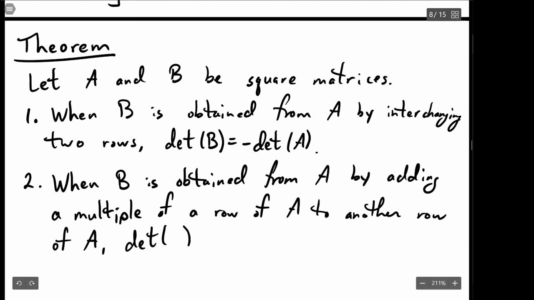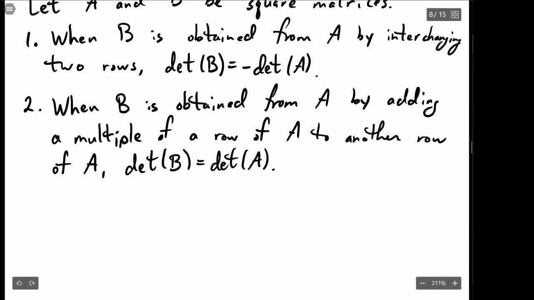Oops. And to write, determinant of B is determinant of A. All right. So that's a formalization of the other thing.